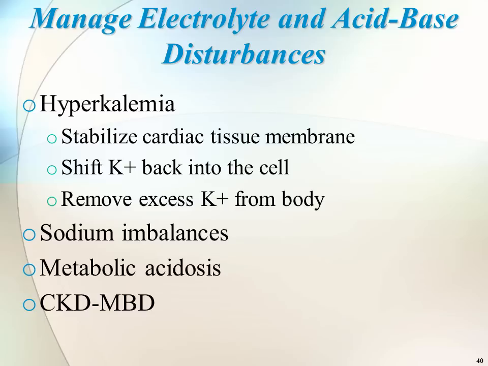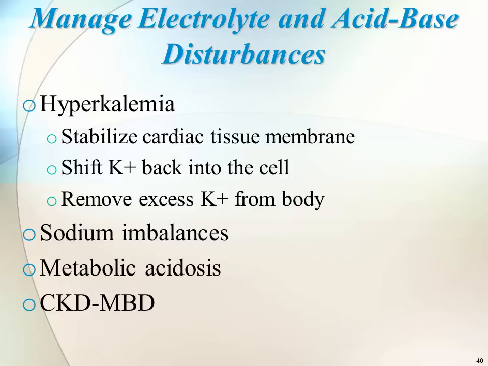So acidosis increases potassium concentration, and it induces a net shift of potassium from the intracellular to the intravascular compartment in exchange for hydrogen. So that's part of the acidosis.